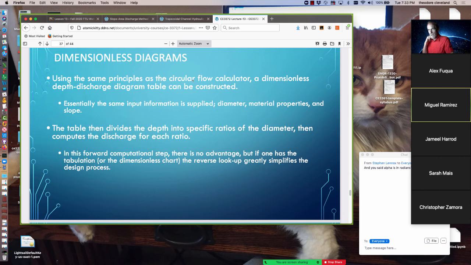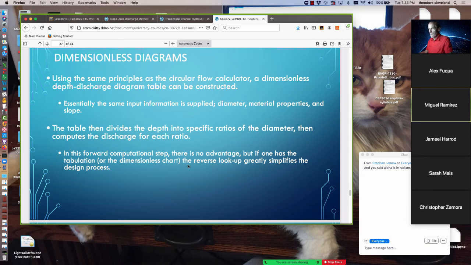And the way this is done is we're going to divide the depth into specific ratios of the diameter. So let's say a pipe is 6 feet in diameter. We will make a calculation as if the flow depth was a quarter foot, half a foot, 3/4 foot, 1 foot, and so on, and keep track of those depth ratios, and also keep track of the computed flows relative to the full flowing pipe.